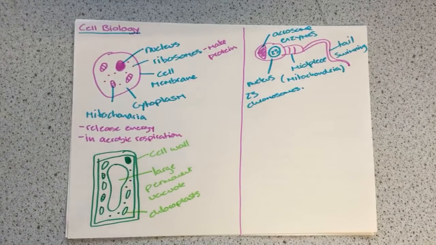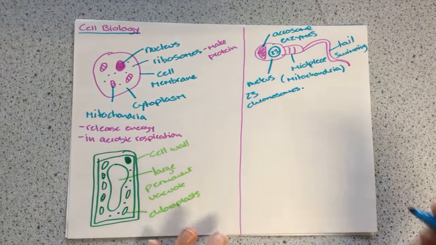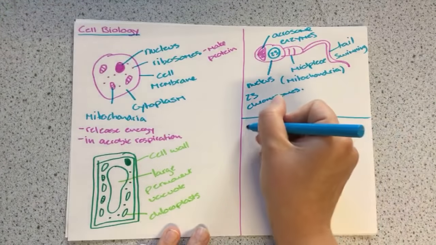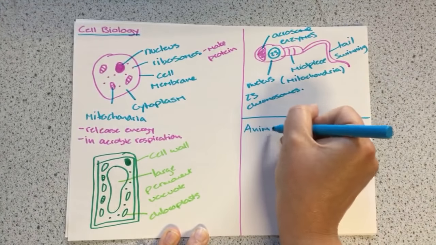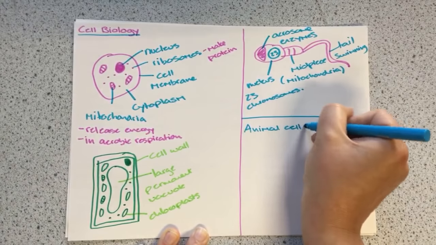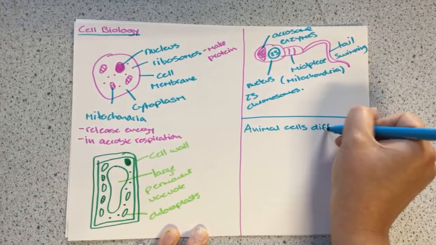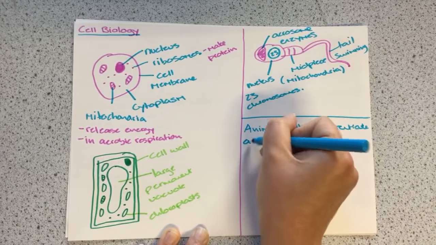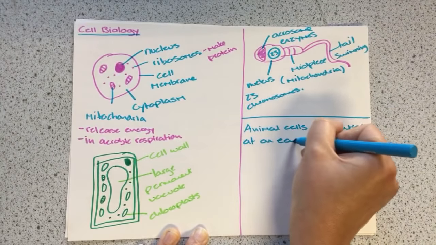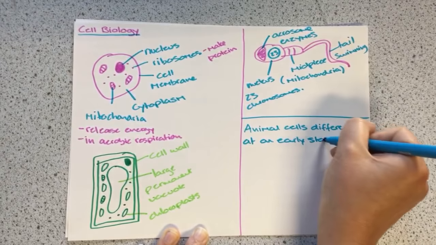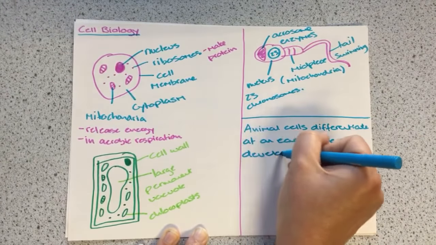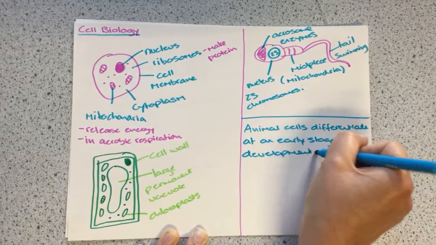Cells become specialised at different stages of their development. There's a massive difference between plant and animal cells. Animal cells, I'll write this down for you, animal cells differentiate at an early stage of development.